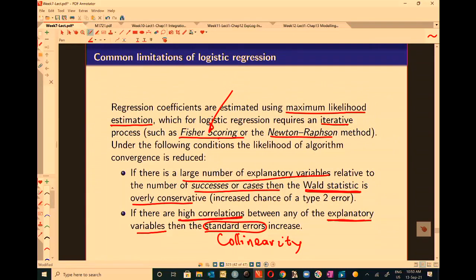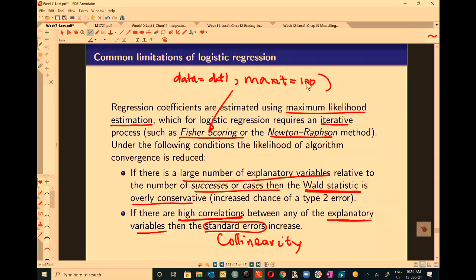Sometimes you'll also find that your model won't converge, because the default in R, I think, for the number of iterations is something like 10. If you look it up in R, in the regression model fitting command itself, after things like data equals whatever, you can put in an extra bit that says maxit equals, say, 100.